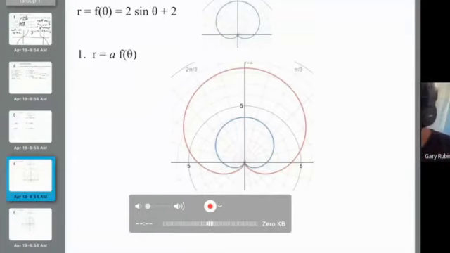Okay, how about number two, negative f of theta? Officially, what do you think that one accomplishes?